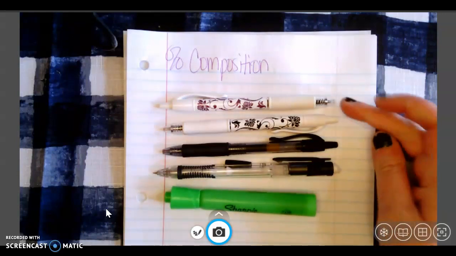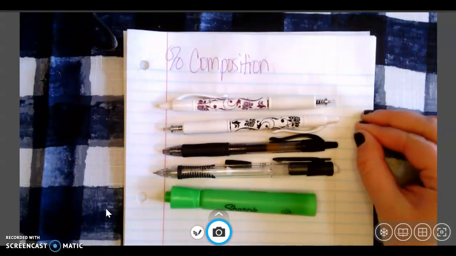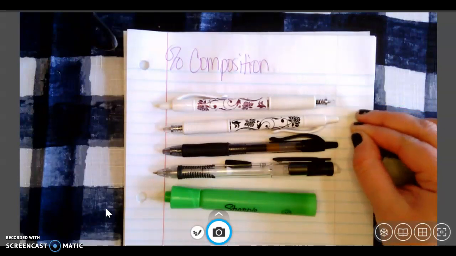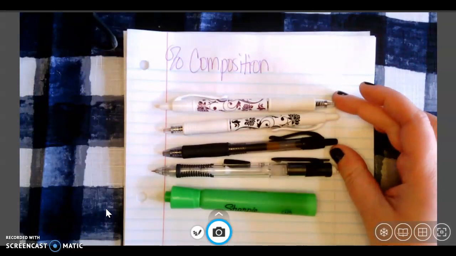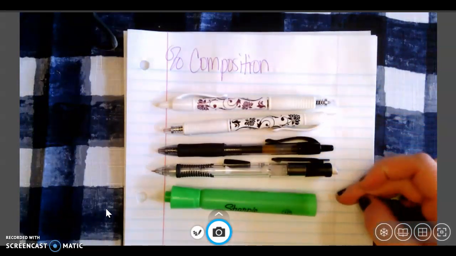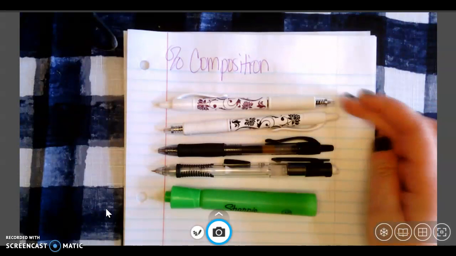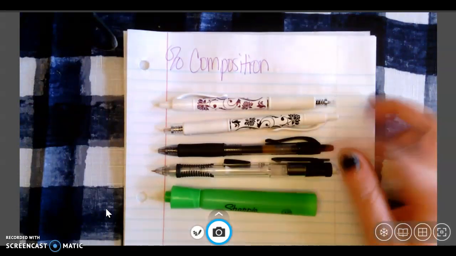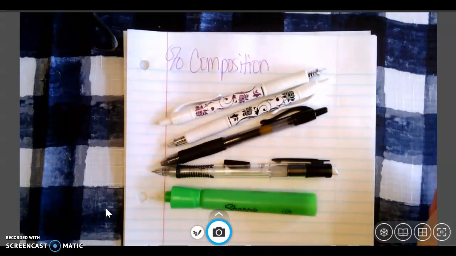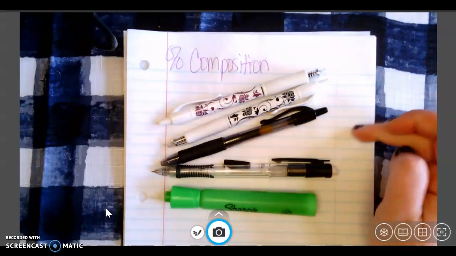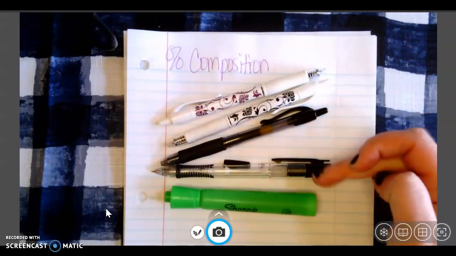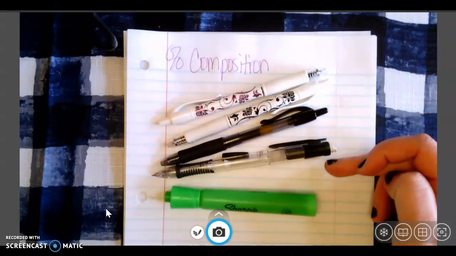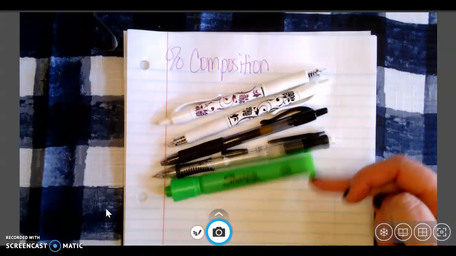If we wanted to, we could calculate how much of my writing utensils were pens, how much was pencils, and how much was highlighters. So, if we have 5 writing utensils and 3 of them are pens, that means that 60% of the writing utensils are pens, and then 20% are pencils and 20% are highlighters.